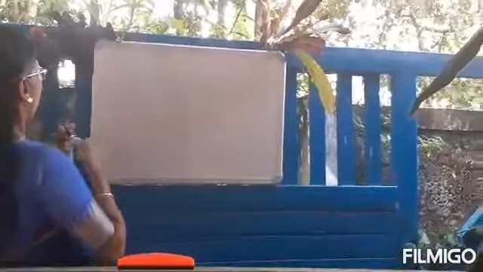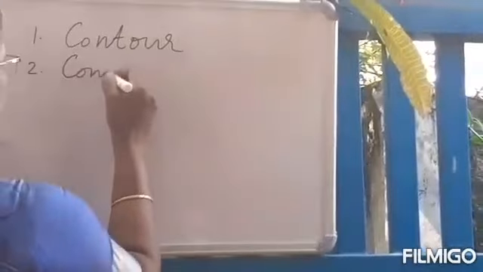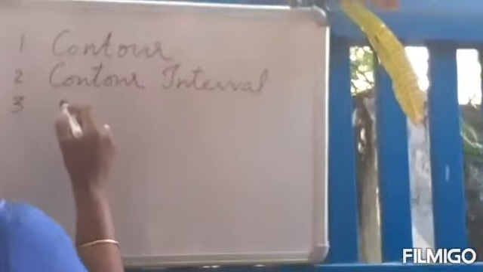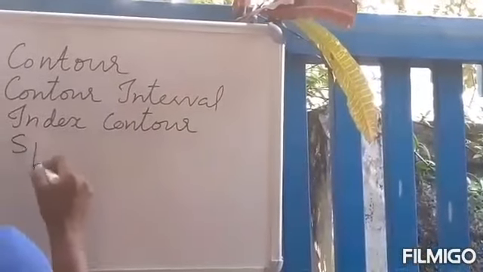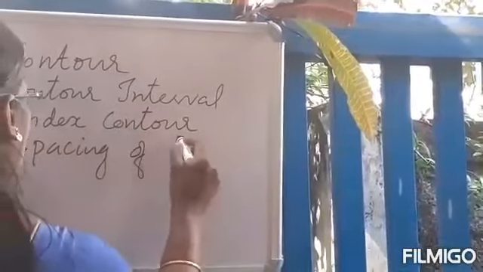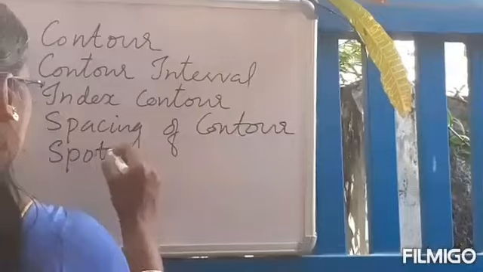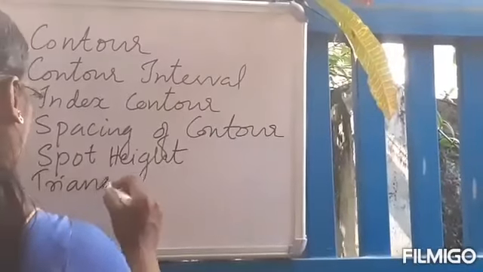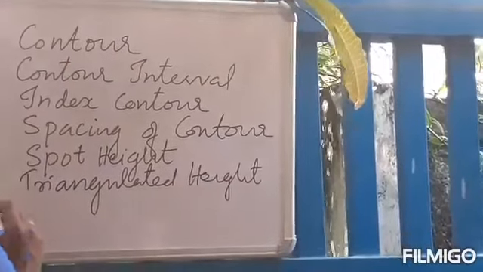Today we will cover seven major areas of topographical survey map, such as contour, contour interval, index contour, spacing of contour, spot height, triangulated height, and benchmark.